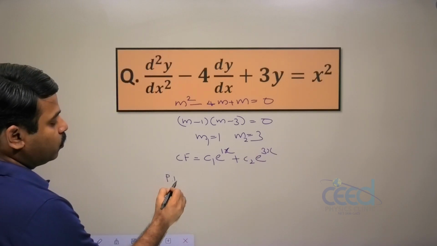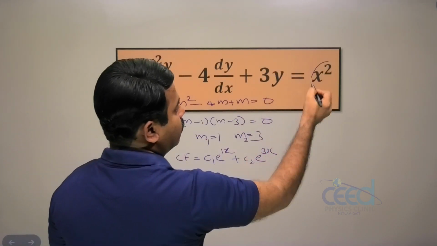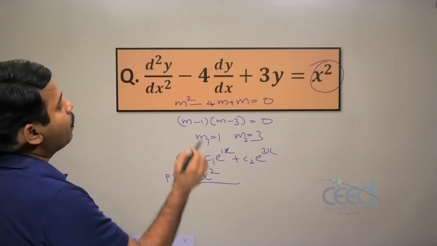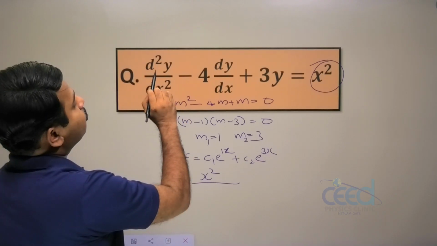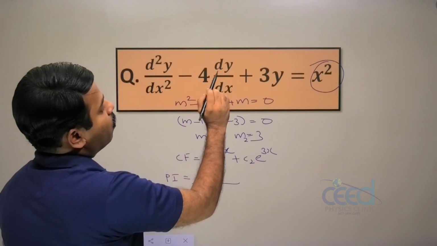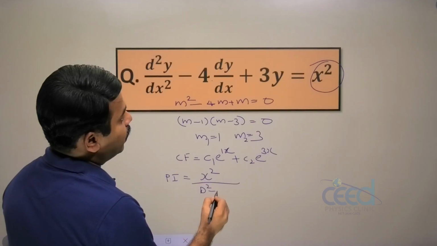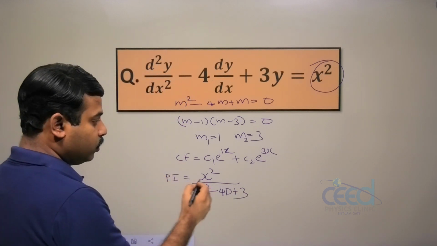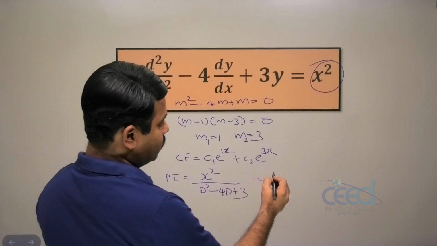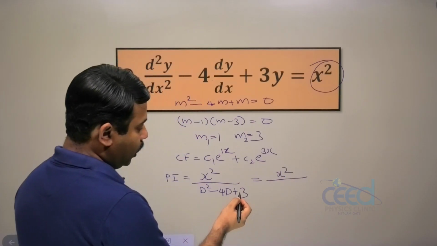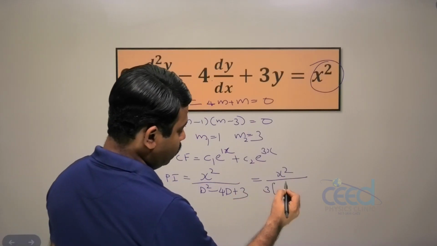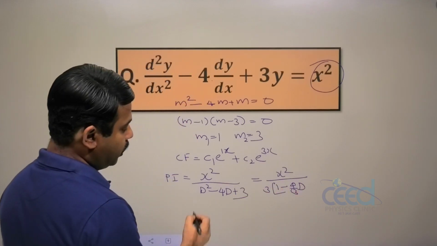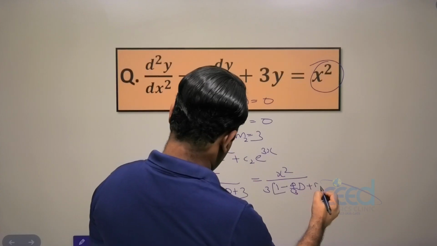Now for the particular integral, if the right hand side is in x raised to n format, you write x square divided by d square minus 4d plus 3. Now you can write this as x square divided by, taking 3 out, 1 minus 4 by 3 d plus d square by 3.